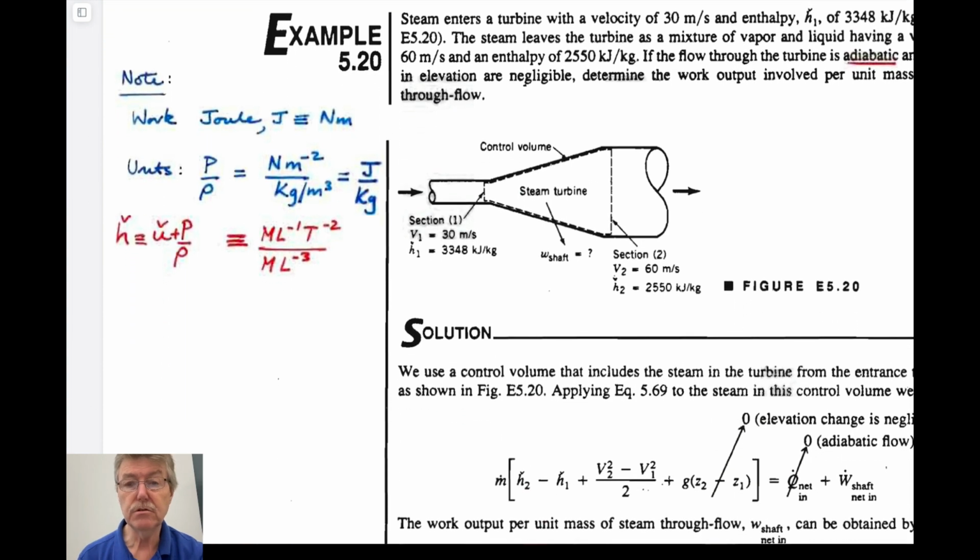And I'll just do two quick examples today to maybe cement these ideas. This is using the first equation, the one I labeled equation number one, and it's a turbine. Fluids come into the turbine at some given velocity and some given enthalpy.